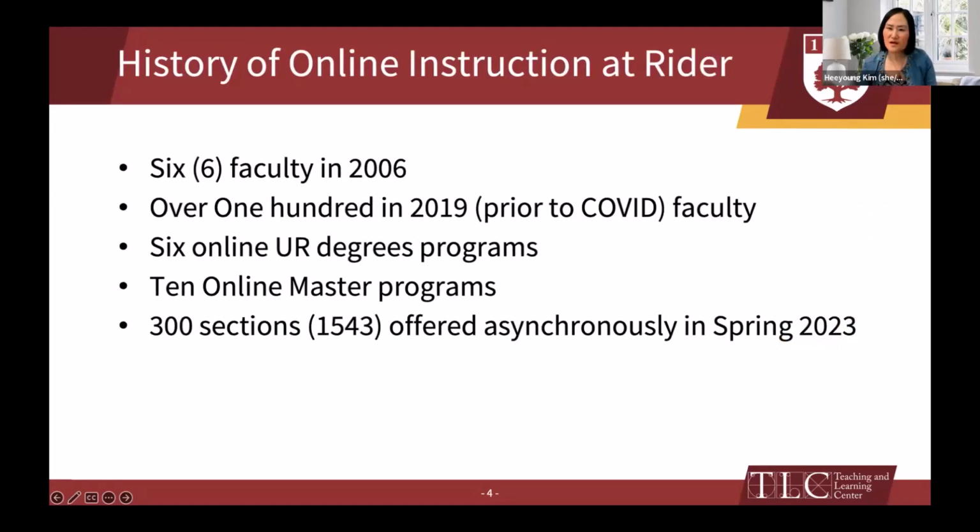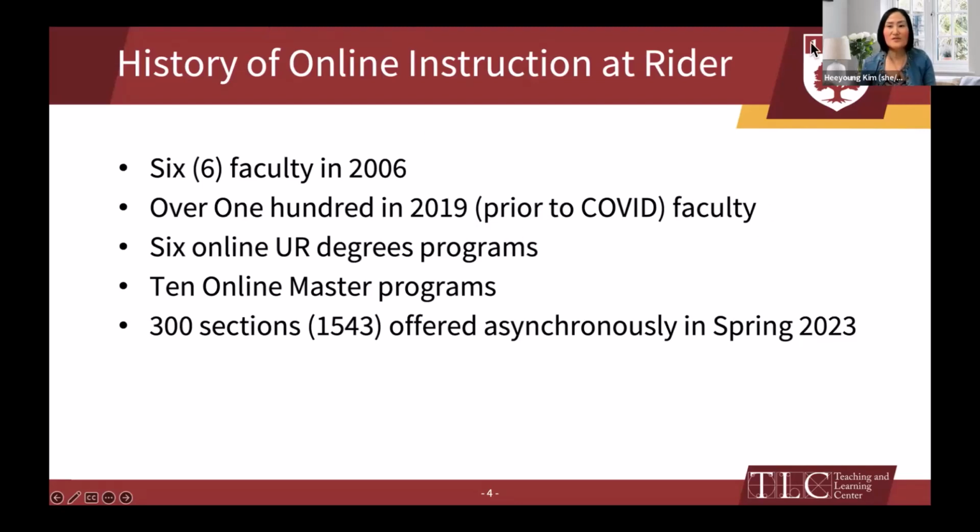We started our first online class in 2006. We are a residential liberal arts university, but we started exploring online courses and distance education in 2006, and we have 6 fully online undergraduate degree programs and 10 online master's programs. Even this past spring, we had about 300 sections offered fully online.